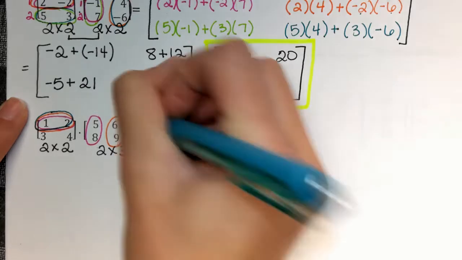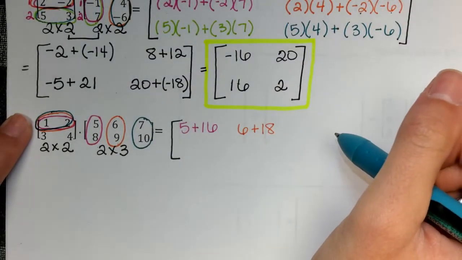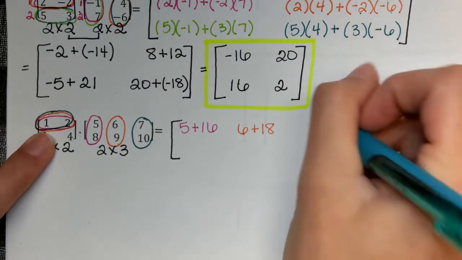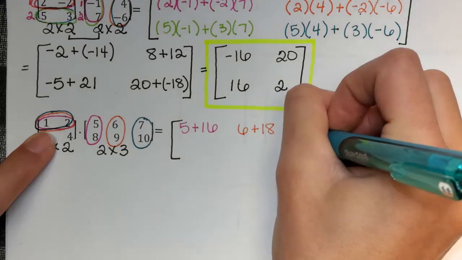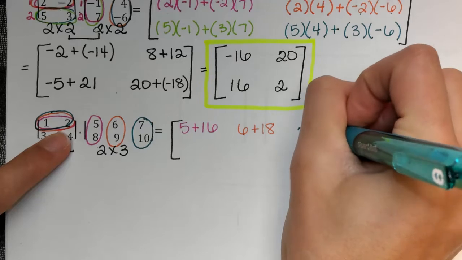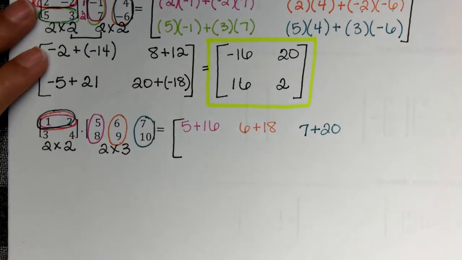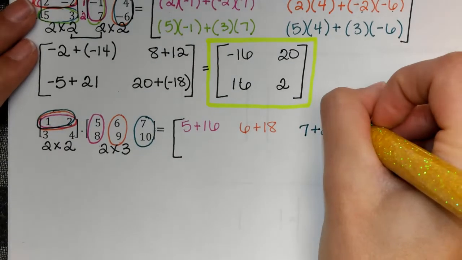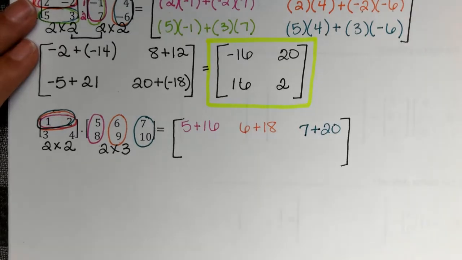Third column. So then I'm going to do 1 times 7 plus 2 times 10. Y'all okay? Okay.